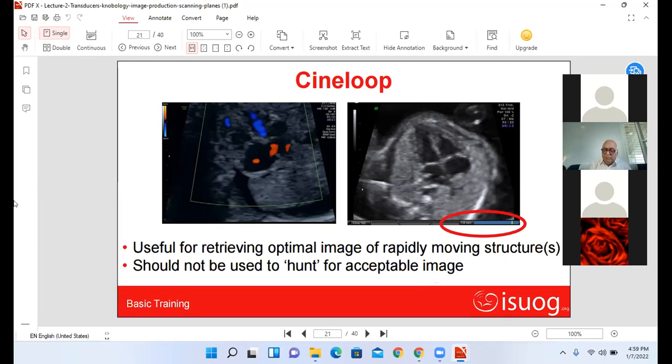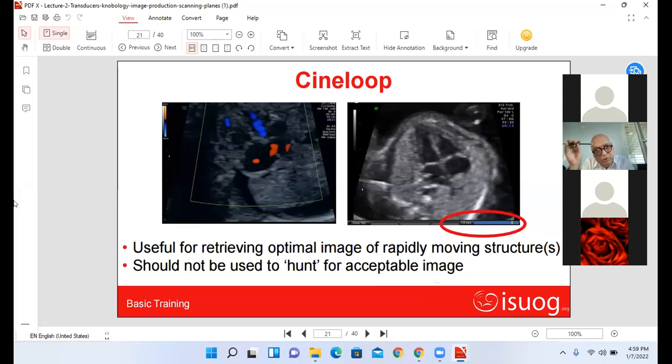Cine loop is very important. Let us say when we have recorded an image, there are some 20 frames. Cine loop helps us look at all the frames.